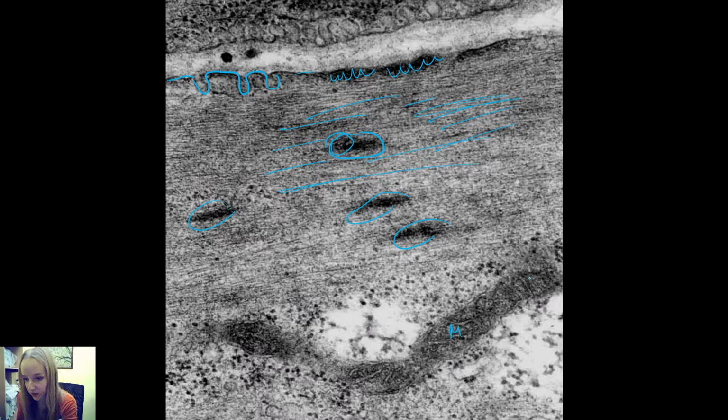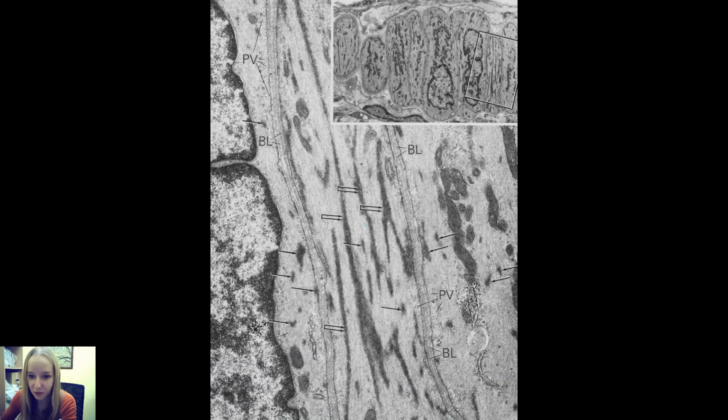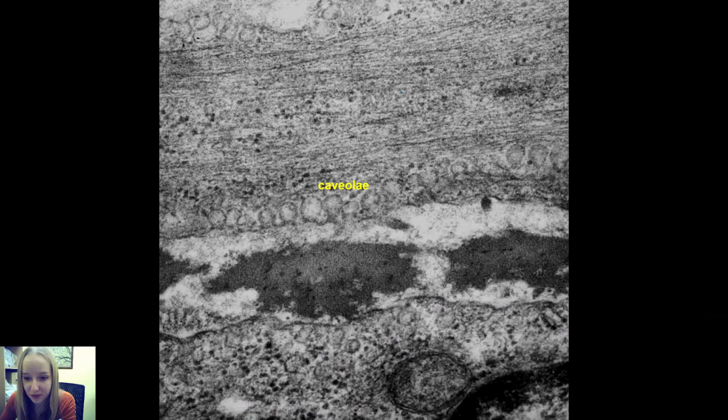This is the mitochondria over here. Once again, you can see the whole network of these dense bodies. So this is a very nice picture. Many muscle cells over here and many dense bodies. So you're probably still wondering where's the thick filament. Here once again we have the invaginations, the caveolae.